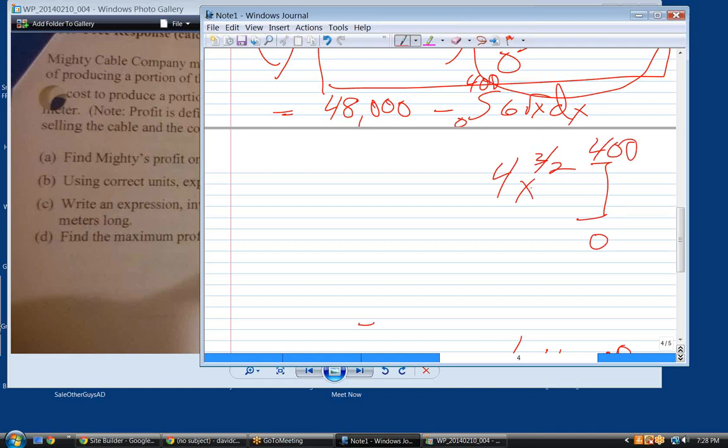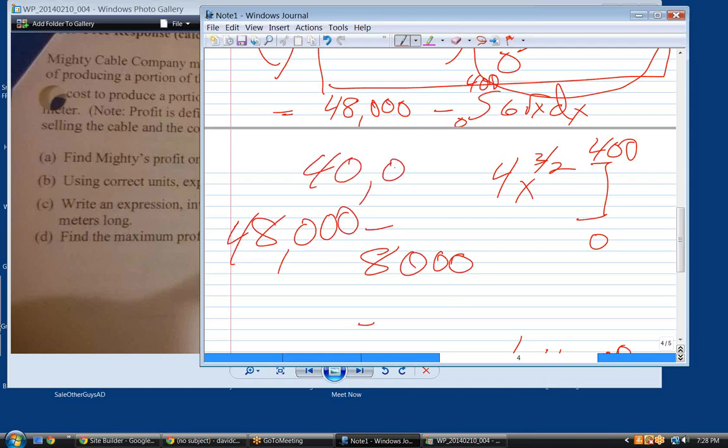Square root of 400 is 20. 20 cubed is 8 with 3 zeros. So it's 48,000 minus 8,000. 40,000 should be their profit.